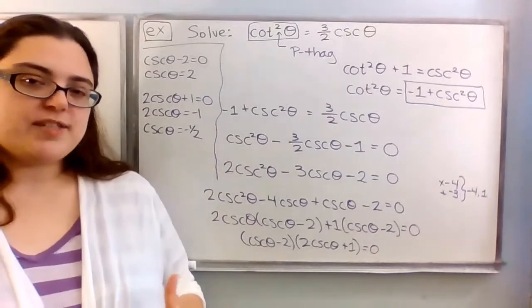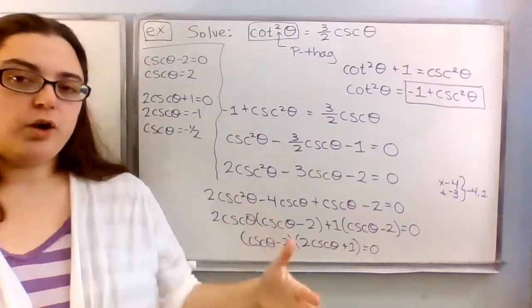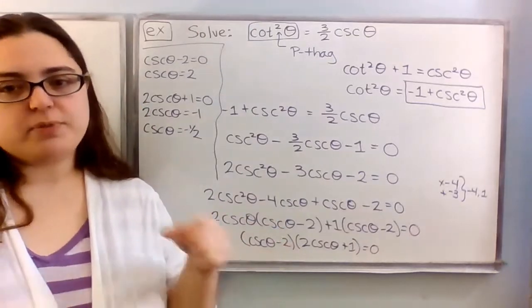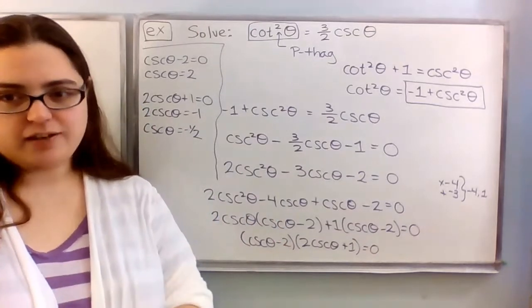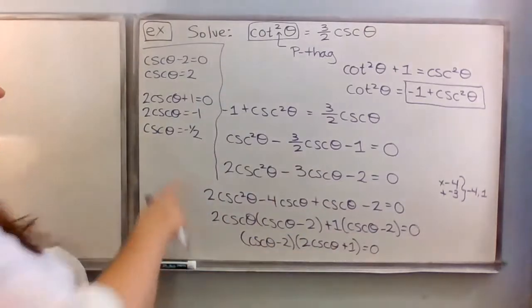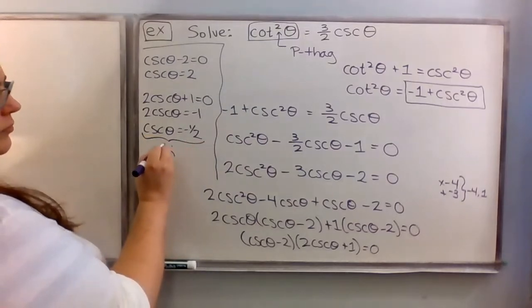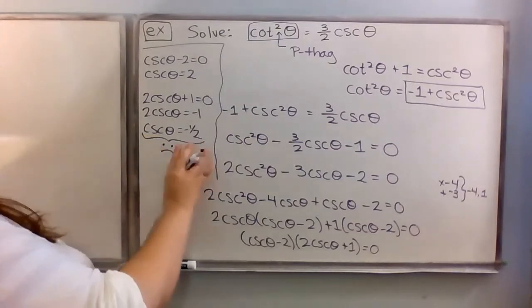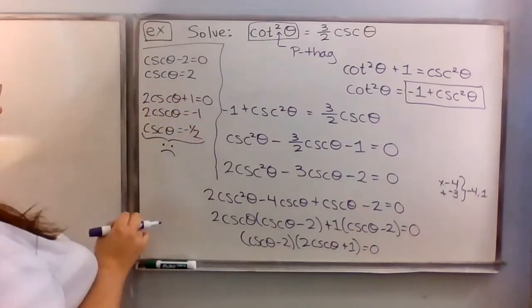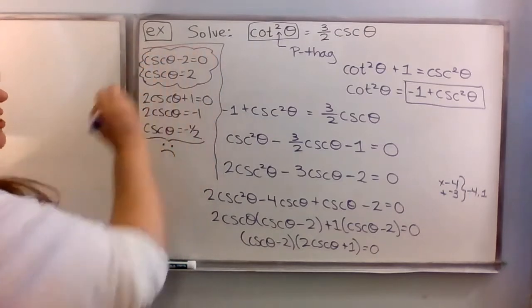Remember when we graphed cosecant, it was like those series of U's on the top and on bottom. So cosecant can only give us a value that's between -1 and -infinity, or +1 and +infinity. So this can't happen. So we're going to reject this equation. It's not going to give us any solutions. And we're going to focus our attention up here on this equation.